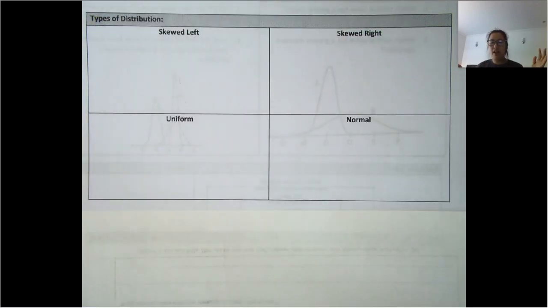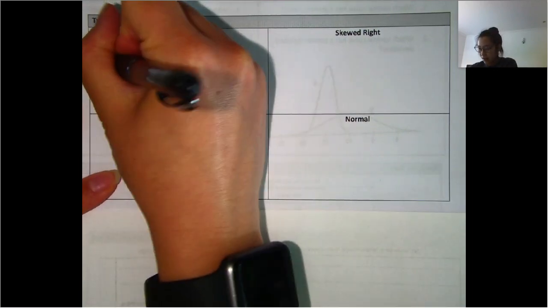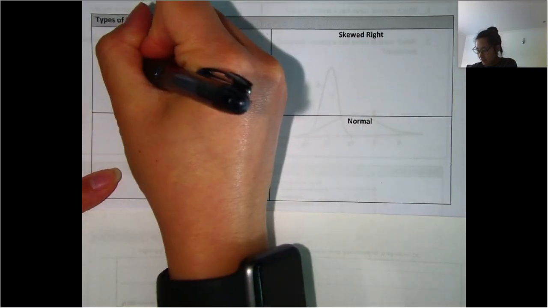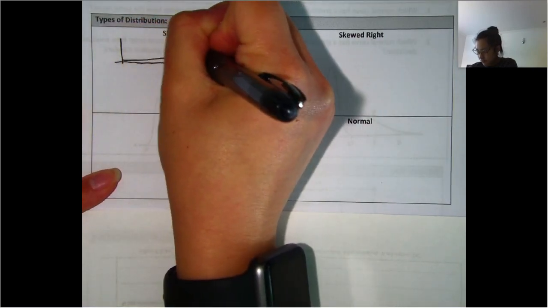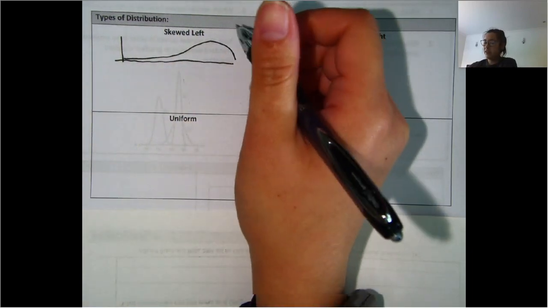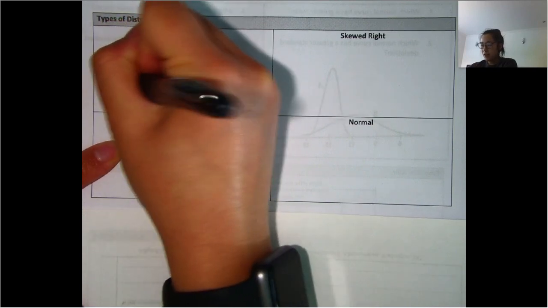So, skewed left is basically when you have your data set where there's a tail to the left side or an outlier to the left side of your data. So, for example, a graph for your data may look something like this. Okay, and so as I said earlier, this is where you would have an outlier on the left.